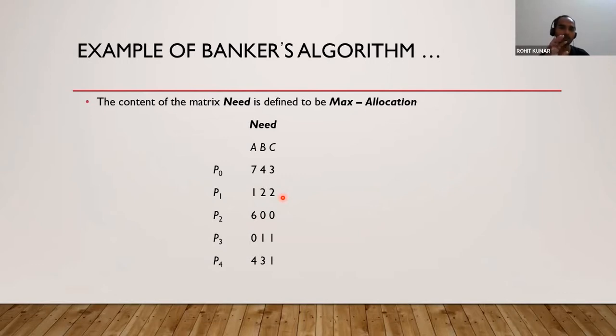Firstly, don't go into complex mathematical operations, because it's a very simple concept. Firstly, what you need to do? You need to provide the required resources to P1. If these needed resources are provided to P1, then P1 will again return these needed resources to the available pool.